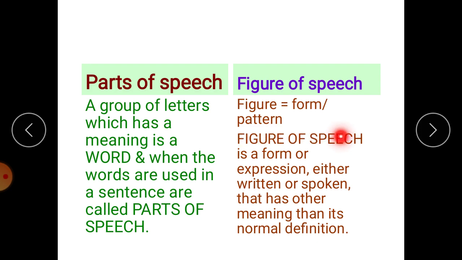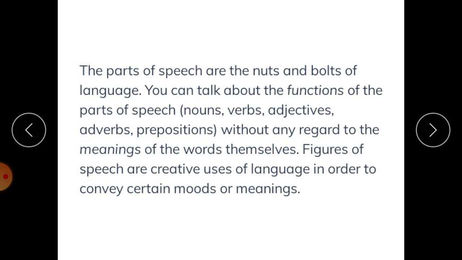So, a figure of speech is a form or expression, either written or spoken, that has other meaning than its normal definition. So parts of speech are the nuts and bolts. Nuts and bolts mean the basic practical details of a language. You can talk about the functions of the parts of speech without any regard to the meanings of the words themselves.